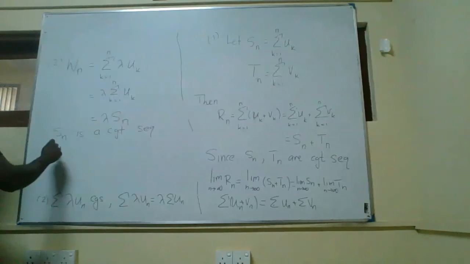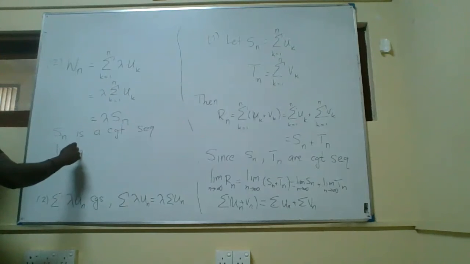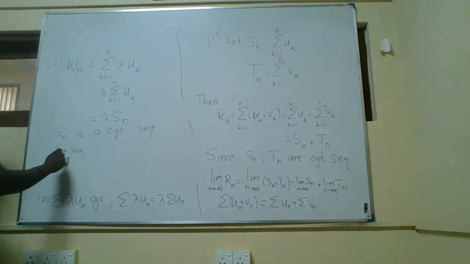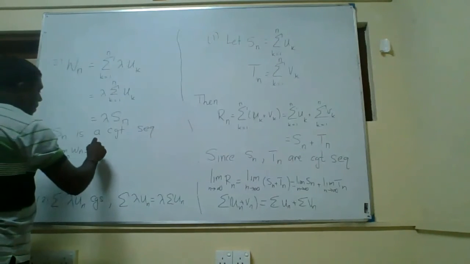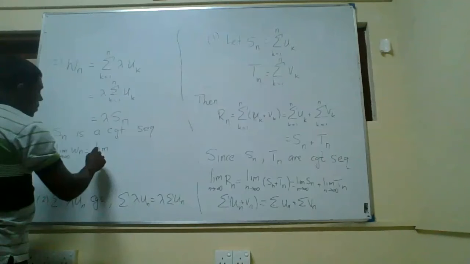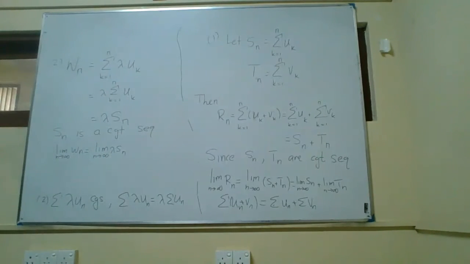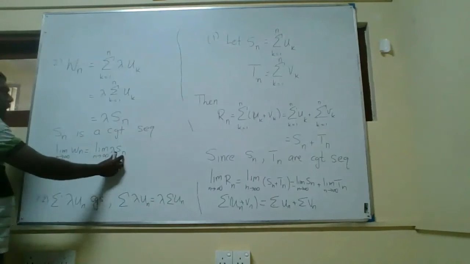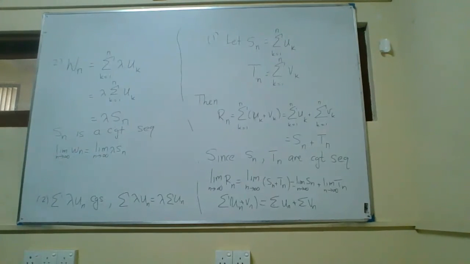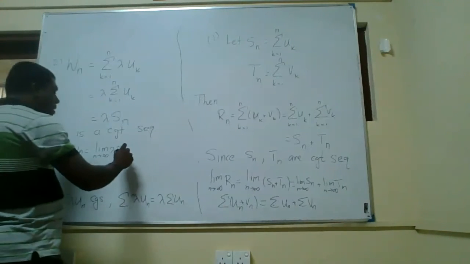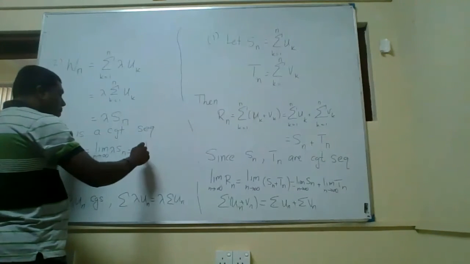So limit of Wn as n goes to infinity is the same as limit as n goes to infinity of lambda times Sn. Again, this is a result we studied in chapter 2: limit of lambda times Sn is the same as lambda times limit of Sn, because of the sequence property.